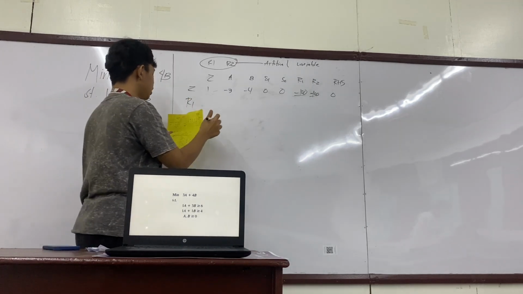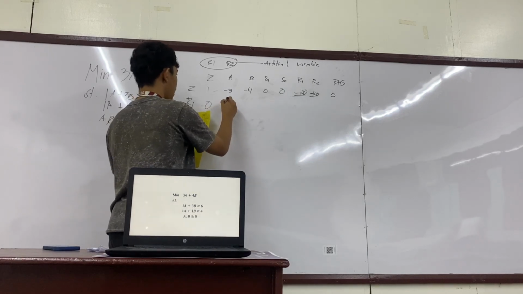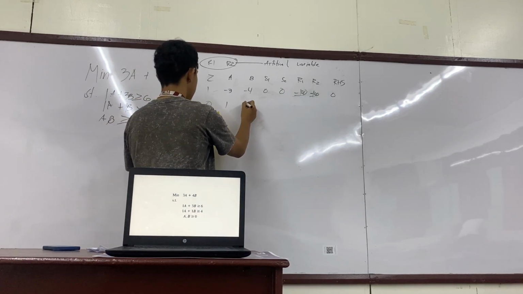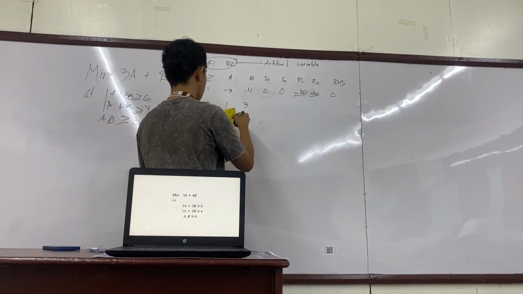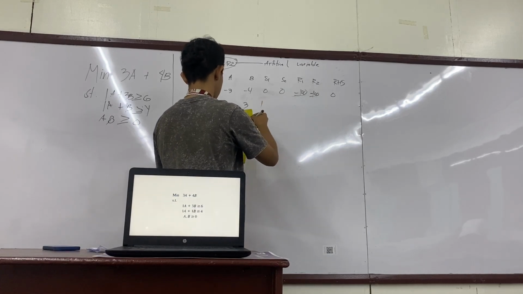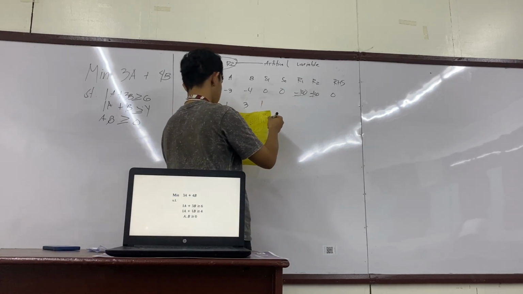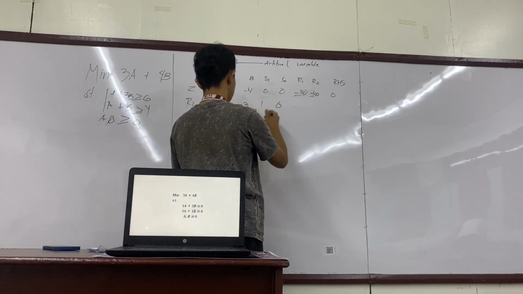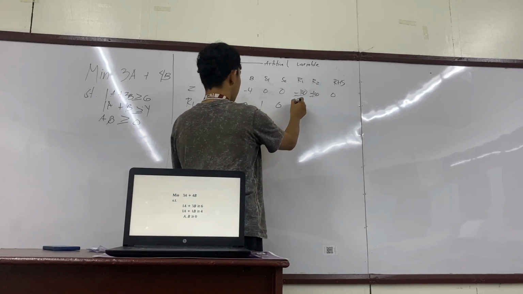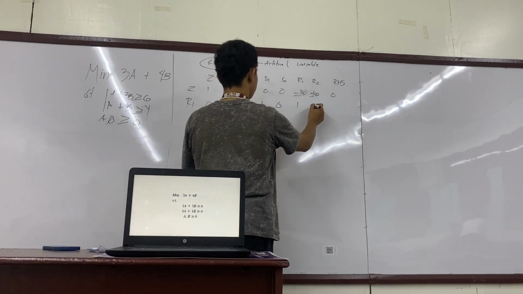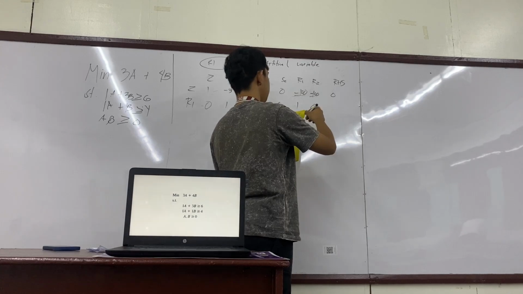The R1 here is 0, 1, 3, 1, 0, 0, 1, 0, and then 6.